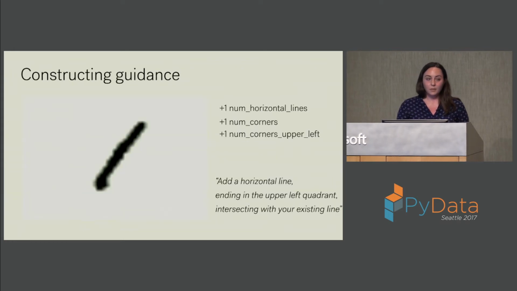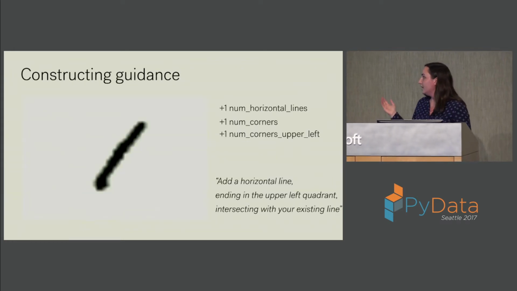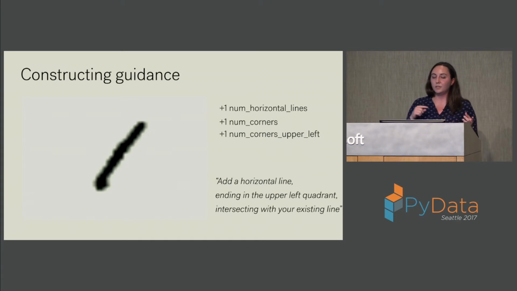So let's talk about how we would construct guidance. In this case, if we see that this is a 1, the model knows what the feature values of a 7 are likely to be given this initial input, and can take the difference between the current input and the target.